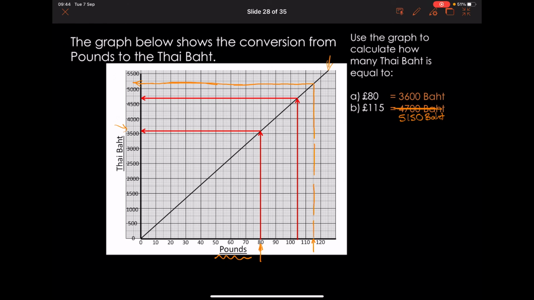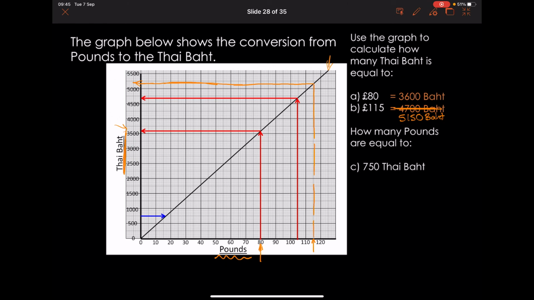Okay, all right, so we can use the diagonal line on our conversion graph in order to work out different measurements. Now, it might also say to you how many pounds are equal to 750 Thai baht. In this case, we need to start on the Thai baht side of the graph, and we would go across from 750, which is just there where the blue arrow is.